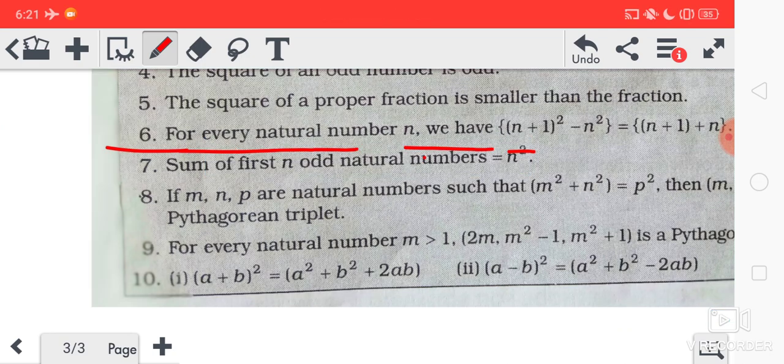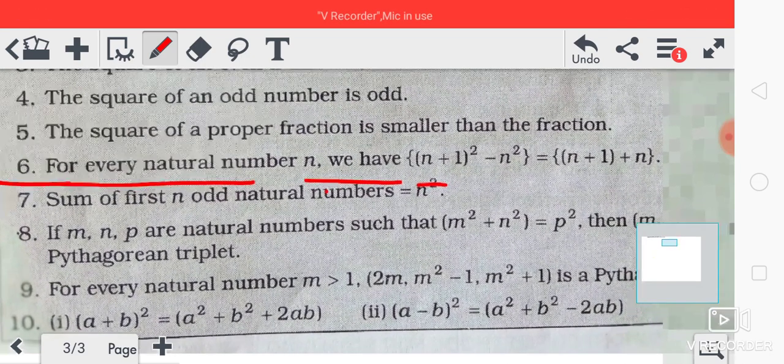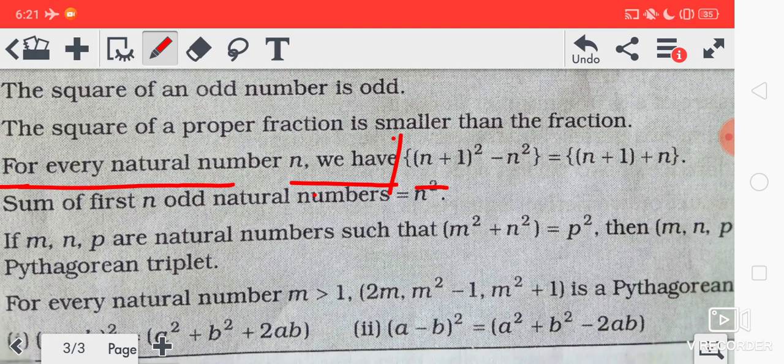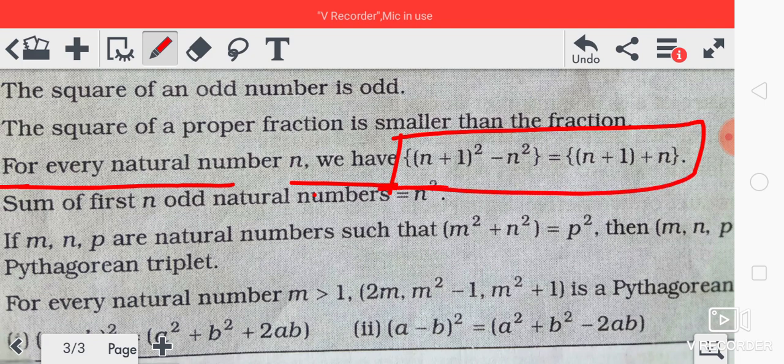Okay, so we'll see this part. This part, n plus 1 whole square minus n square, can be written as n plus 1 plus n.